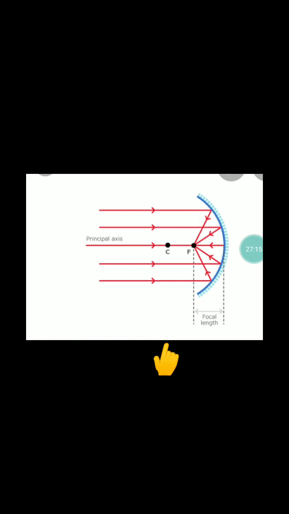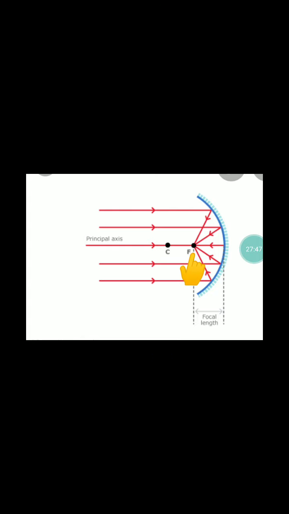Once again, the principal focus of a concave mirror is a point on the principal axis of the mirror at which the rays of light incident on the mirror in a direction parallel to the principal axis actually meet after reflection from the mirror.